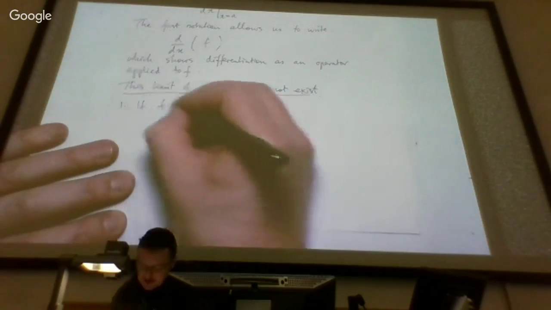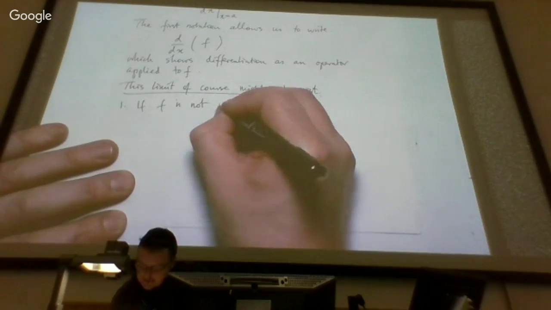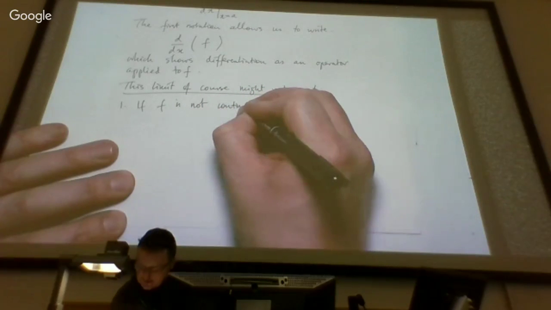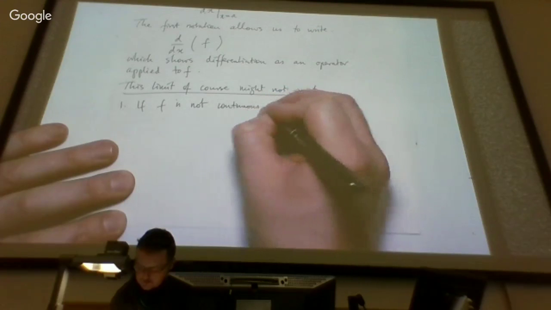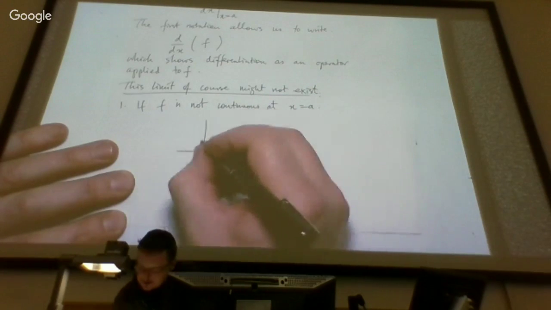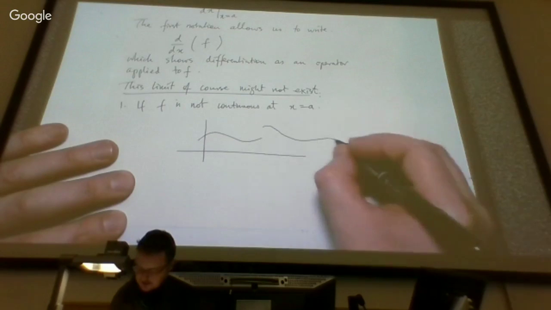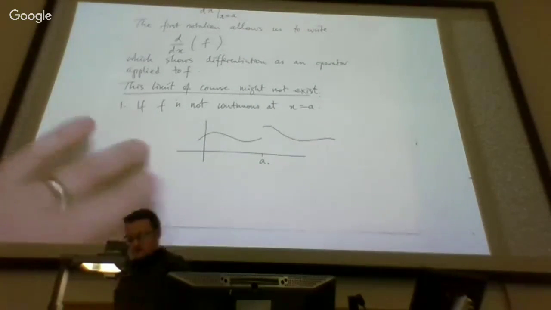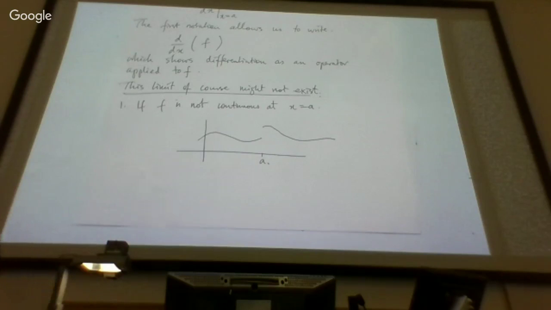If the function f is not continuous at a, one typical kind of picture for that is where the function makes a discontinuous jump in value at the point a.